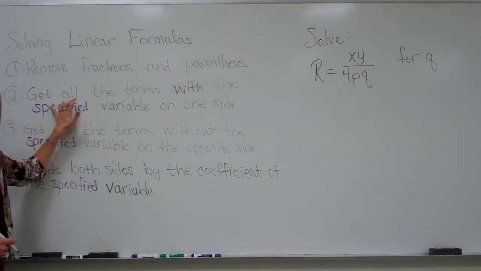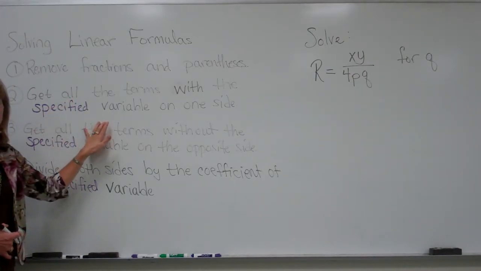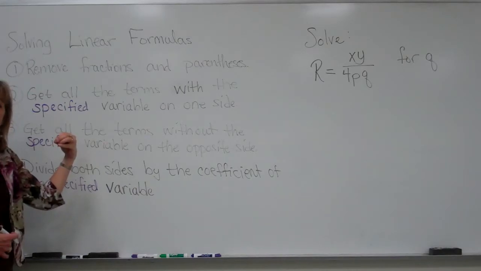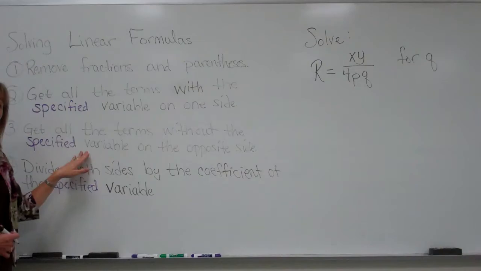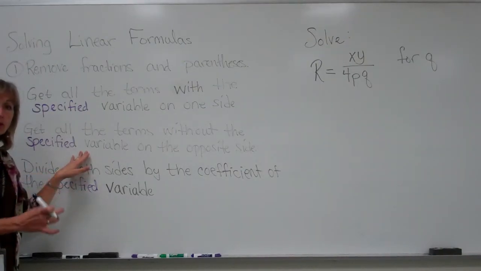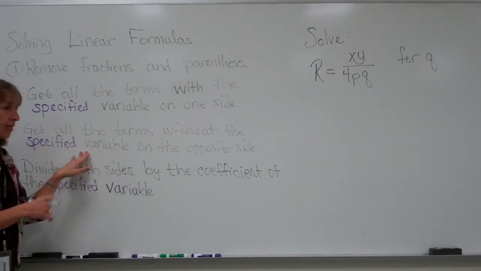In step 2, we'll get all our terms with our specified variable on one side of the equation. So we want to make sure to rearrange the terms so that all the terms that have the variable in it that we're supposed to solve for are on one side, and get all the terms without the specified variable to the other side. And remember, to move full terms, you do the opposite operation of addition or subtraction to move it to the other side.